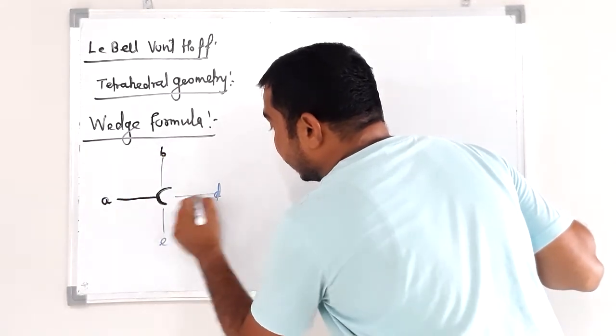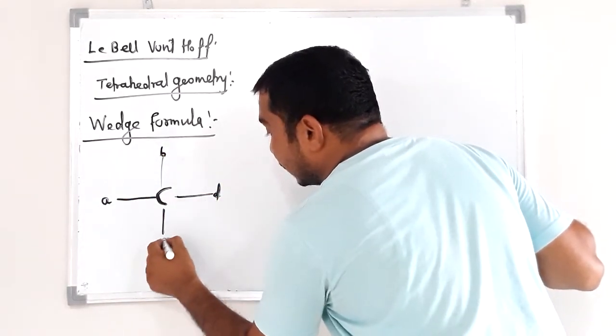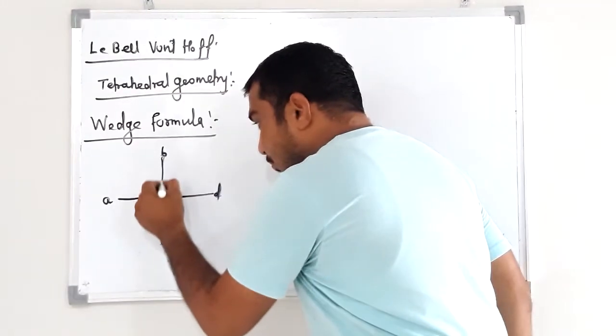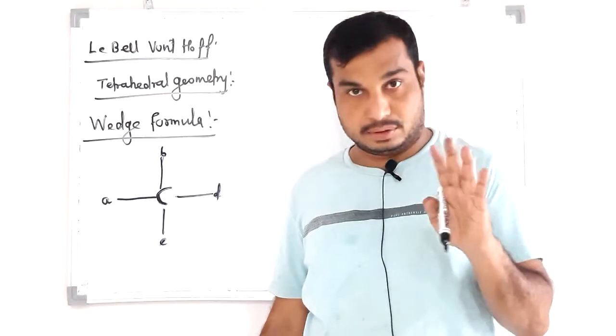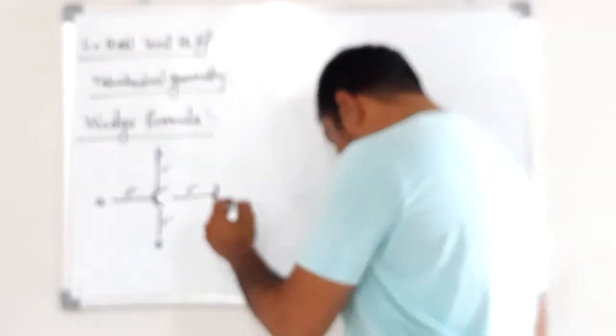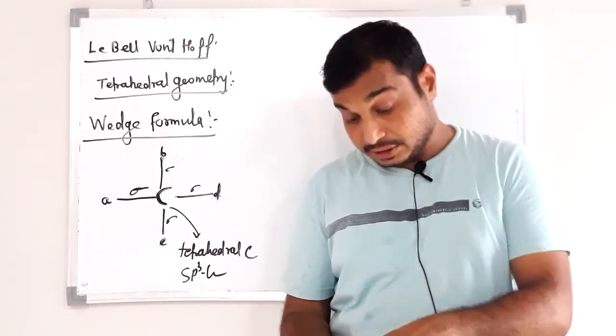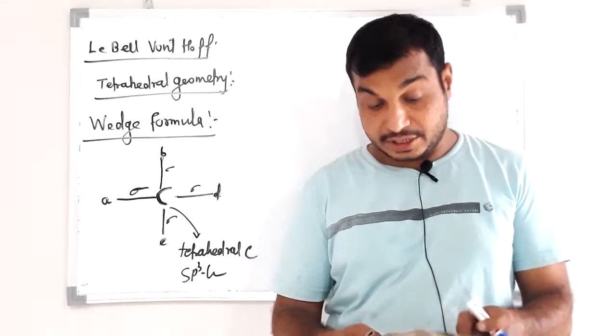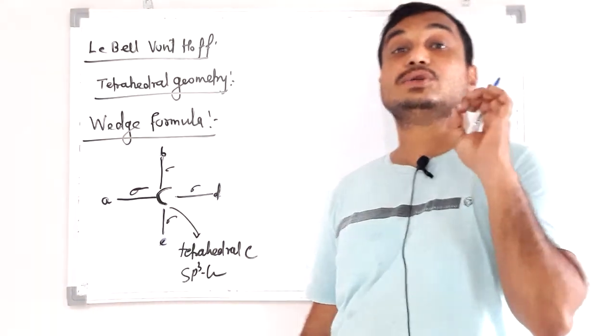In this compound, carbon has formed 4 sigma bonds, 1, 2, 3, 4, which means this is a tetrahedral carbon, or sp3 hybridized carbon. Whenever the carbon is in the sp3 state, that carbon has tetrahedral geometry, and that is represented by one formula that I will draw here.